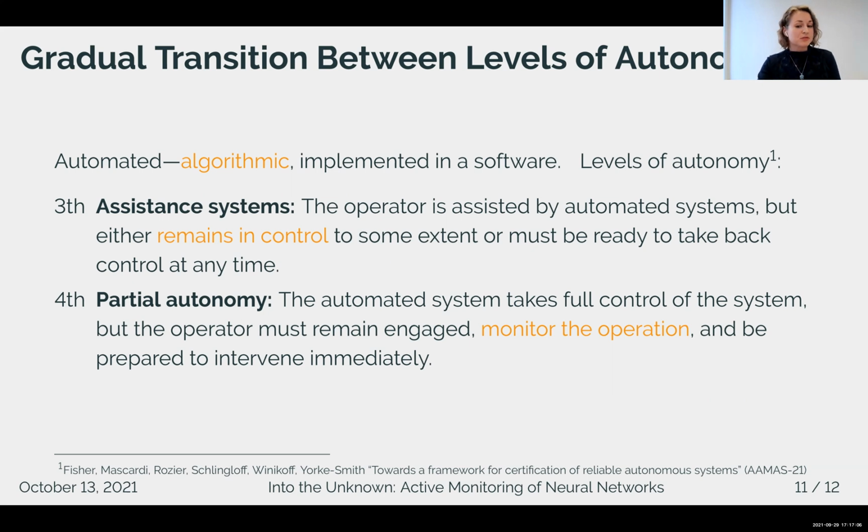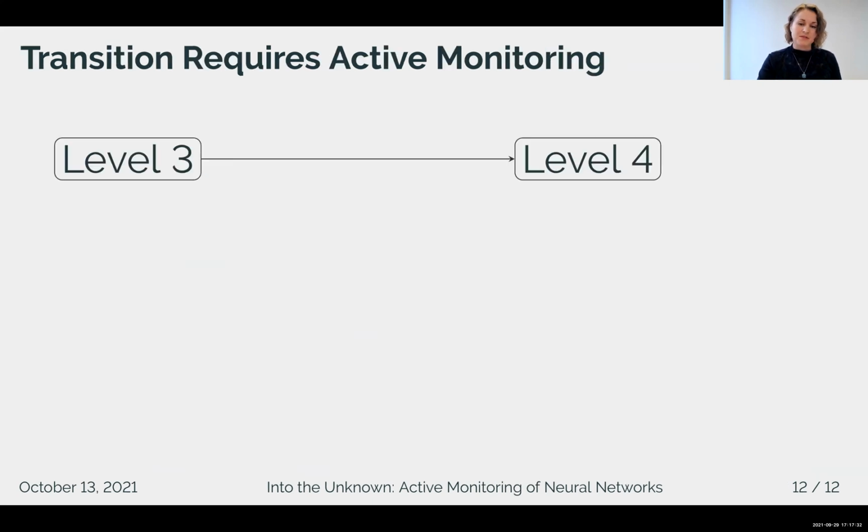Or partial autonomy, where the operator must monitor the system and be prepared to intervene. However, transitioning between these two levels is already quite a challenging task, and there is a big gap between them. So we claim that this requires active monitoring and adaptation of the monitors.